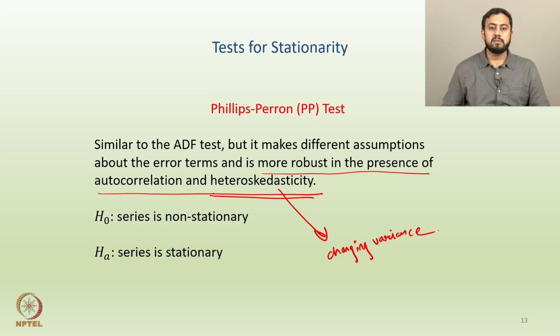If the variance is constant, we call that homoscedastic. Again here the null hypothesis is series is not stationary and the alternative is series is stationary. So again, the PP test is similar to the ADF test, but has different assumptions about the error terms and generally is more robust in the presence of autocorrelation and heteroscedastic variance.